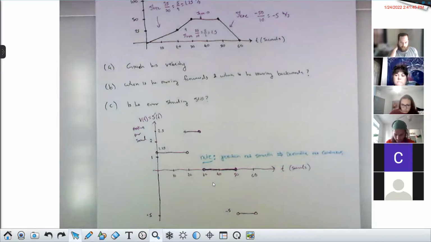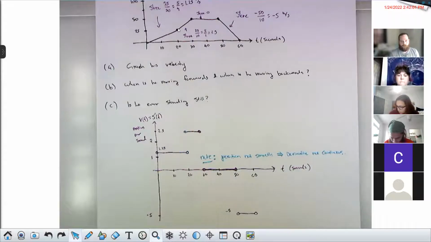There we go. So the position not being smooth means that the function is not differentiable at those points, which means that the derivative can't possibly be continuous. The derivative is not even defined at those x values or t values. We're not differentiable here. We're not differentiable here. We're not differentiable here. And we're not differentiable here.